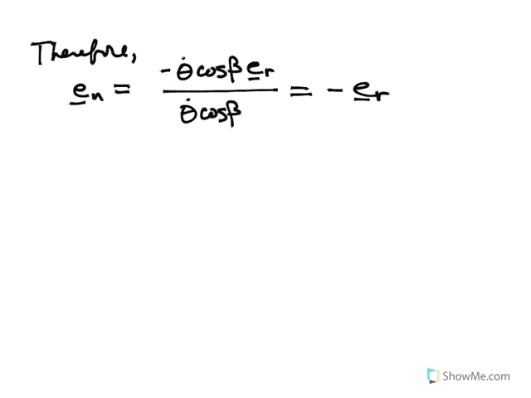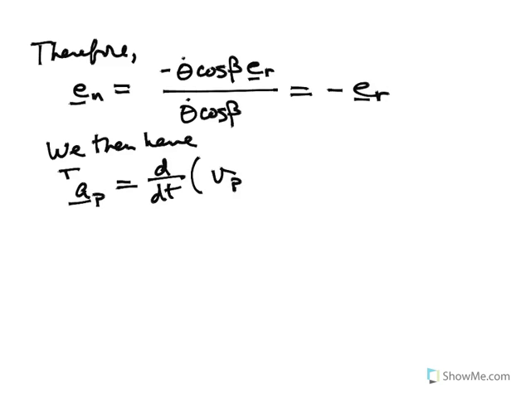We get that the acceleration of point P as viewed by an observer fixed to the track is equal to the rate of change of the speed times the tangent vector plus the speed times the rate of change of the tangent vector.